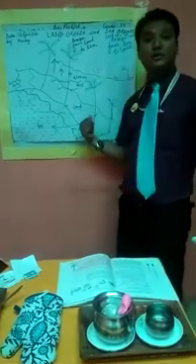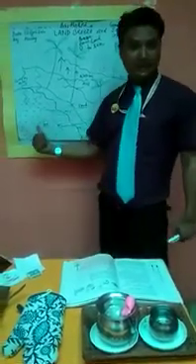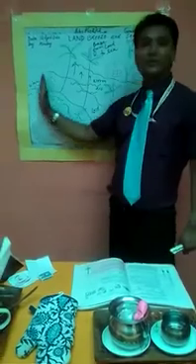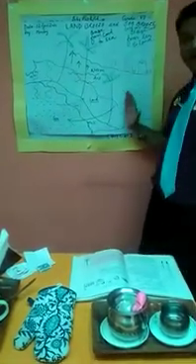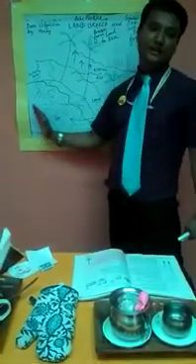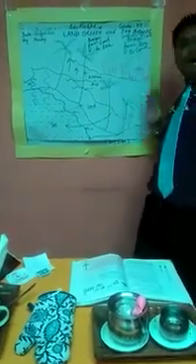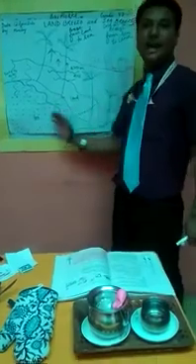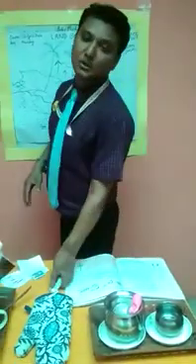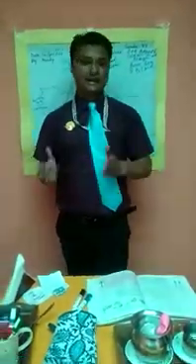The land cools faster compared to the sea. So the warm air rises up from the sea, and from land the cool air reaches the sea. So in the night, the breeze is from land to sea. This is called land breeze. So there are two types of breeze, land breeze and sea breeze.